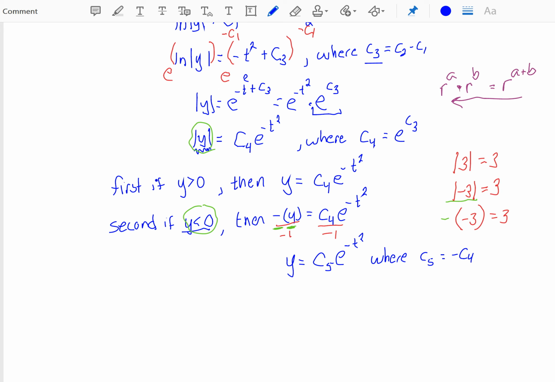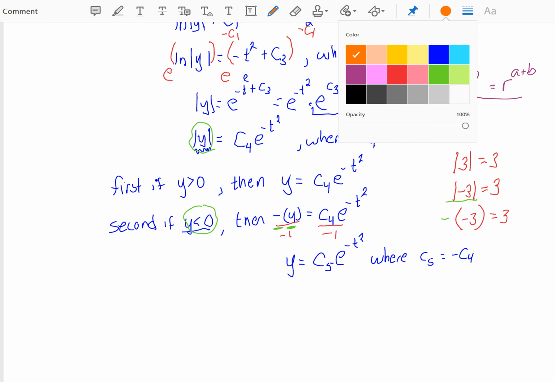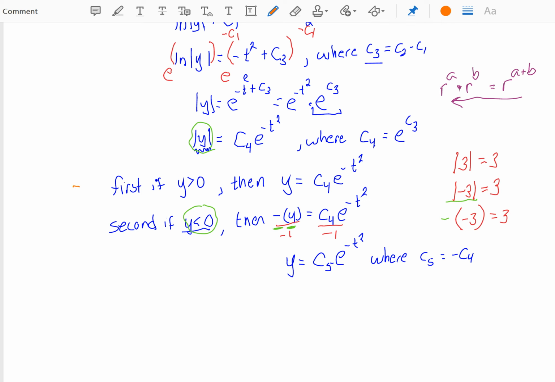Now, we considered two cases here. We considered what happened if y is positive, and we got this solution. We considered what happens if y is negative, and we get this solution. Notice they are of the same form. One has a constant C4, one has a constant C5, but remember these constants are arbitrary and unknown.